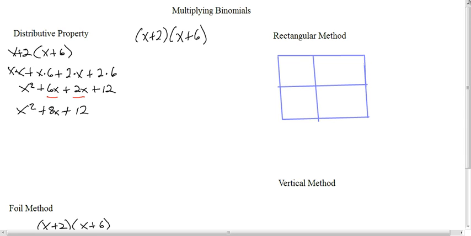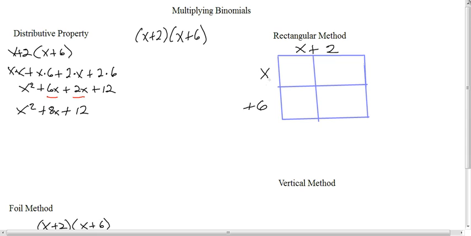Excellent. All right. So we have x plus 2 and x plus 6. Actually, we want to make sure that we correct this for the sign of the number. So we'll put our plus there.